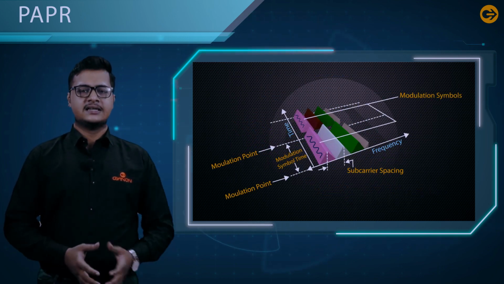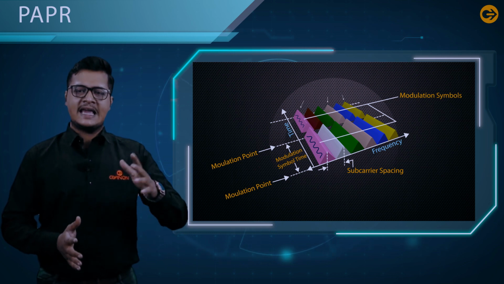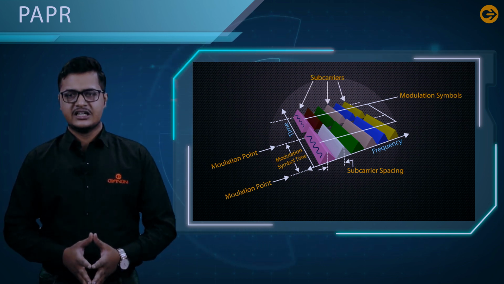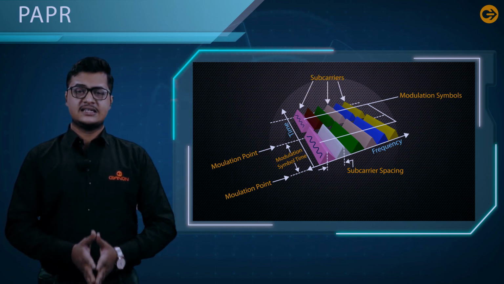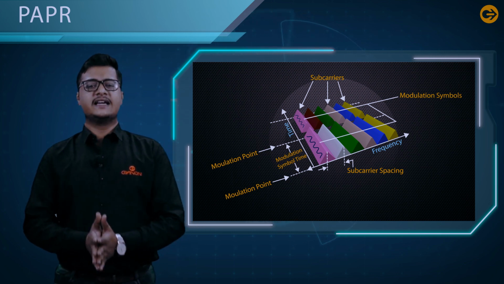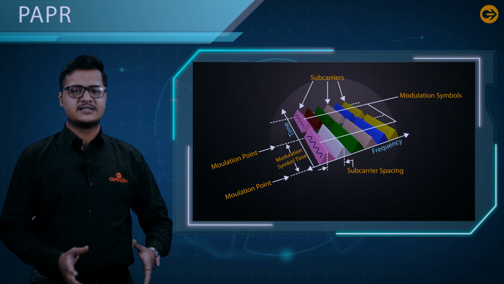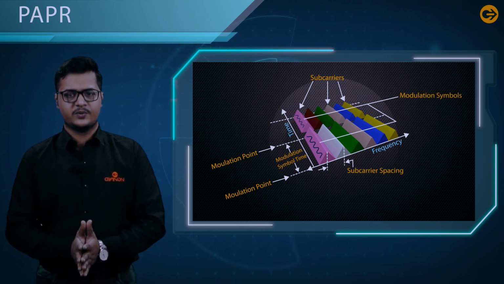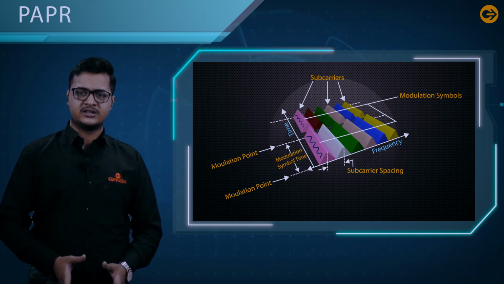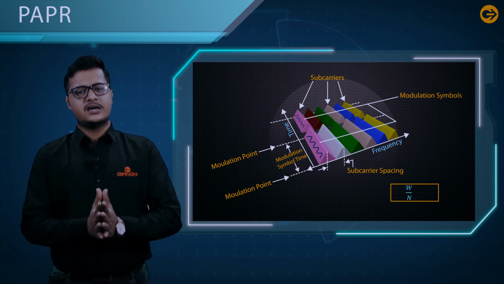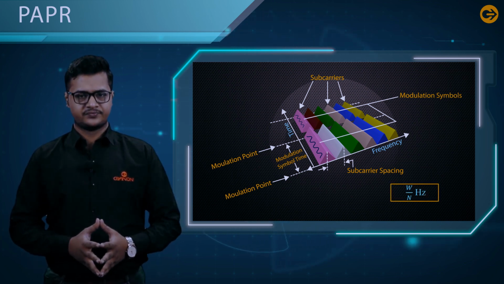Now let's consider an OFDM scheme with N number of subcarriers. The usable transmission bandwidth is equally distributed among the N subcarriers, and if W Hz is the available single-sided transmission bandwidth, then the allocated bandwidth to each subcarrier is W by N Hz.